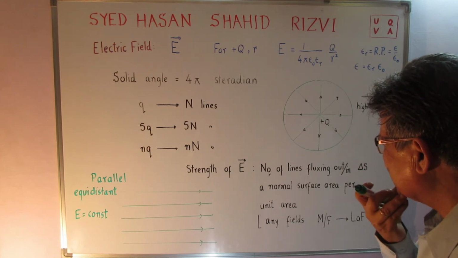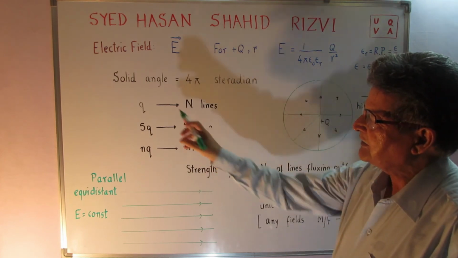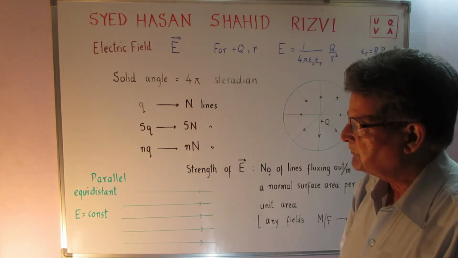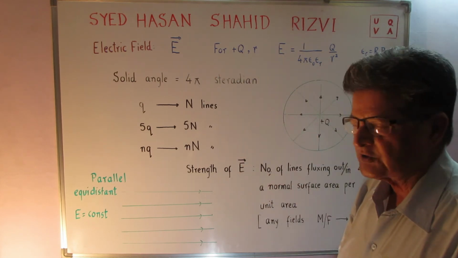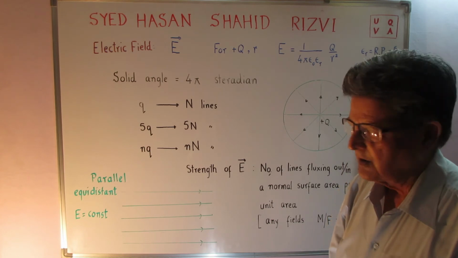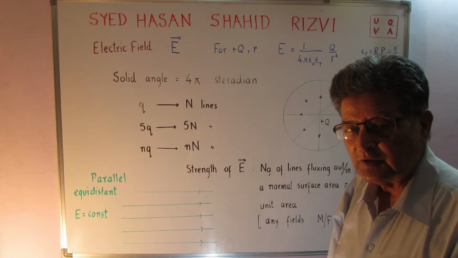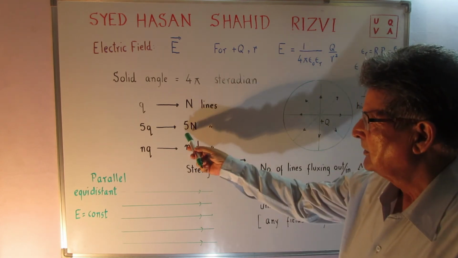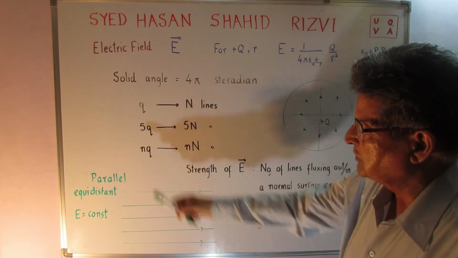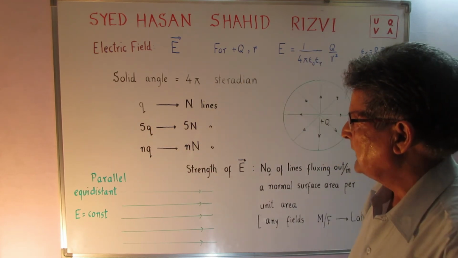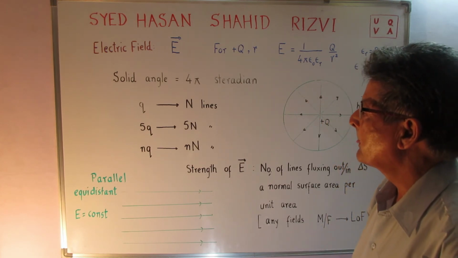The second thing is that if I consider that there is charge q, and for that charge q, n lines flux out. Then if the charge is 5q, then how many lines will surge out from it? That will be proportional to it, and therefore 5n lines. If the charge is nq, then there will be nn lines, etc. Okay.